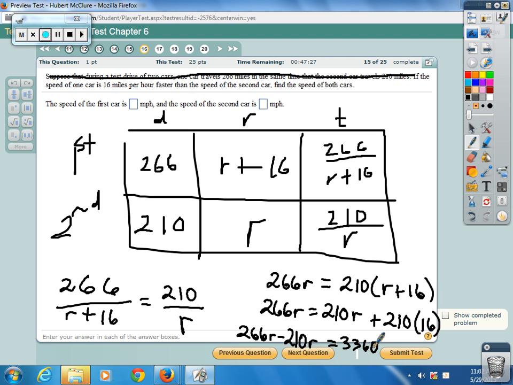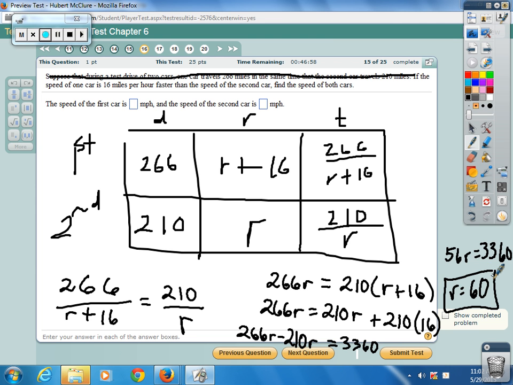And what's 266 minus 210? You need your calculator on this. 56R is equal to 3360. Now, if you need a calculator, this is where you would need it. Right here, that last step. R is equal to 60.